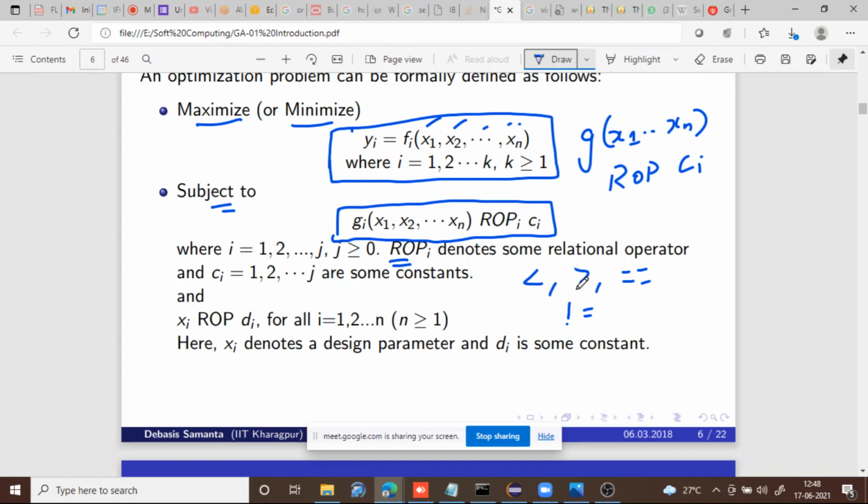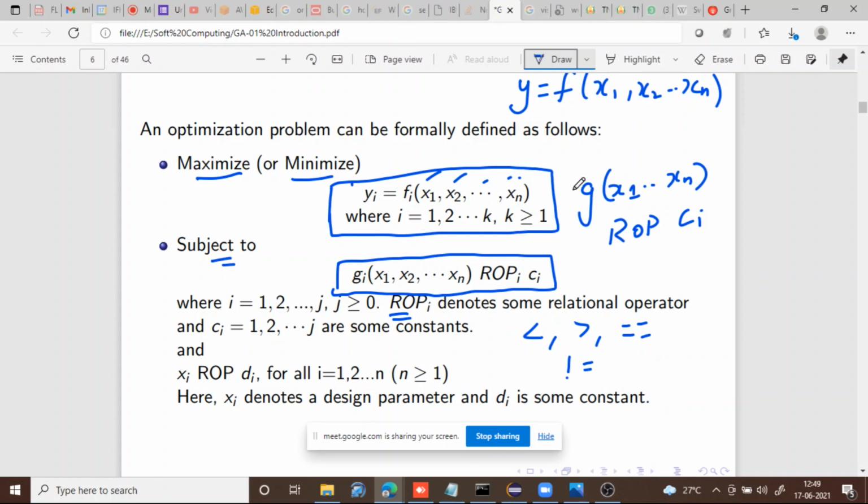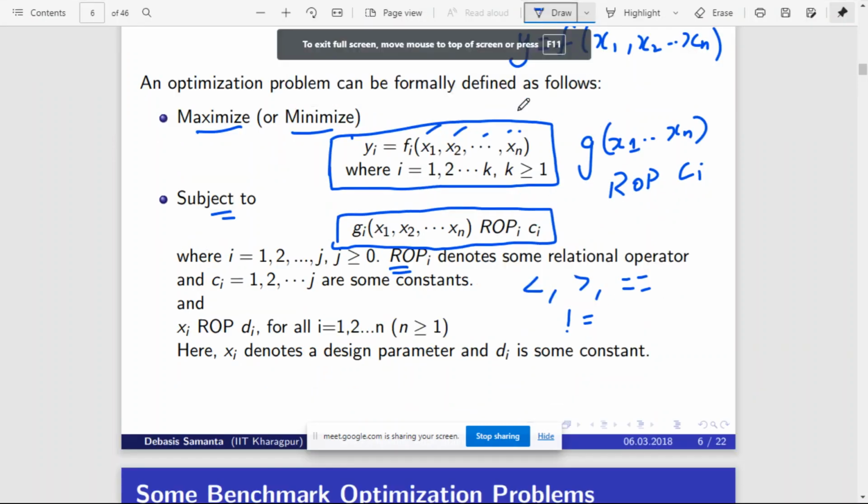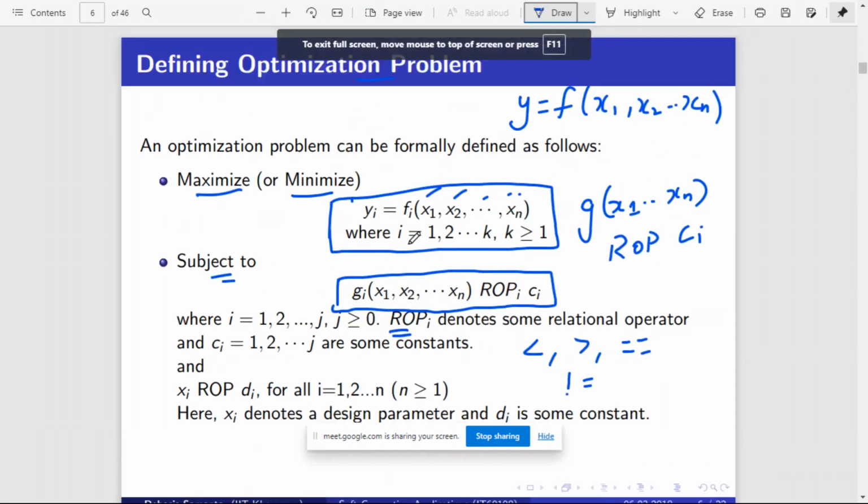So basically an optimization problem will be represented using a function y is equal to f of x1 to xn, and apart from that it will also use a constraint, represented again using a function g of x1, x2 up to xn. This constraint will normally be operated on some constant, and the operation will be a relational operator. So this is how we define an optimization problem.